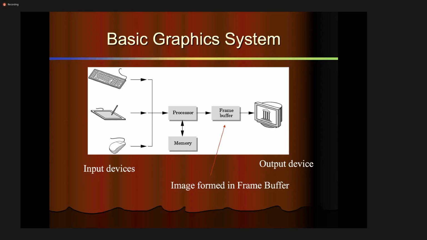We know that any digital display device contains a number of dots. Those dots we call pixels. When we consider a digital display device, the fundamental building block is the pixel.